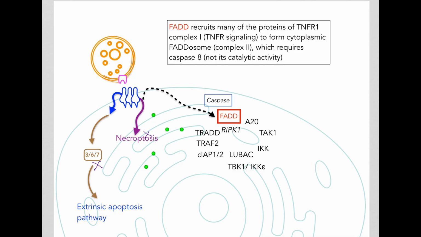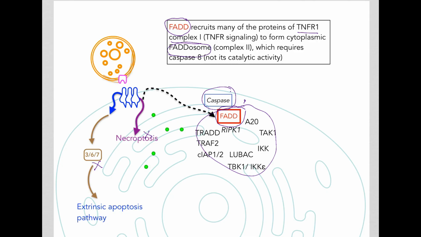And in this case, once again, FADD plays a very important role. So FADD will now recruit many of the proteins that we discussed in the last video, under TNFR1 signaling, complex 1 formation, and these proteins together with caspase-8 form what we call the FADDosome.